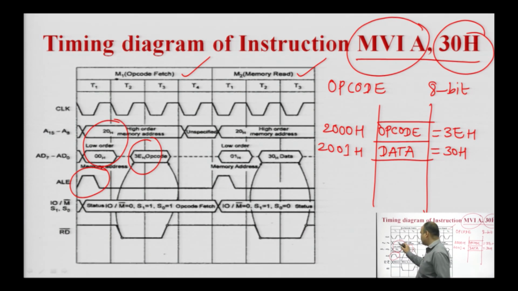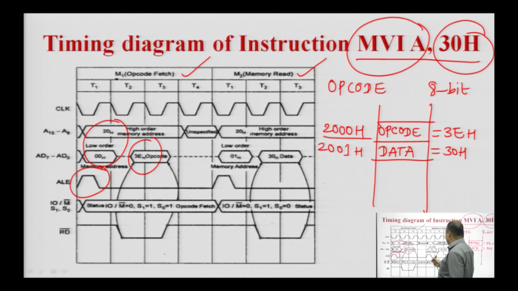The 20 is the high 8-bit address of the 16-bit memory address, which is at A8 to A15, and the low order 00 is carried by the low order address lines. So, with the help of this 16-bit address line, the processor will carry the 16-bit address 2000H, where the operation code is present.